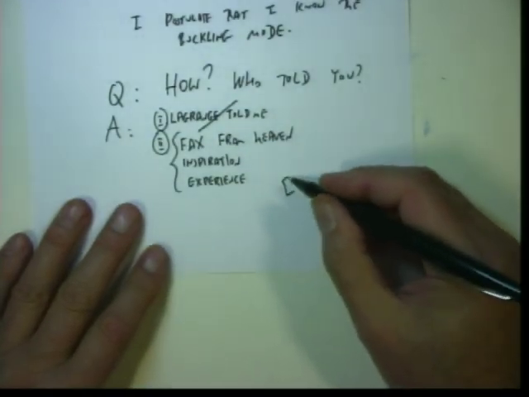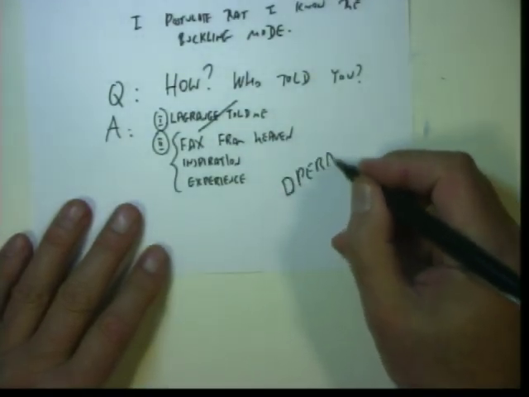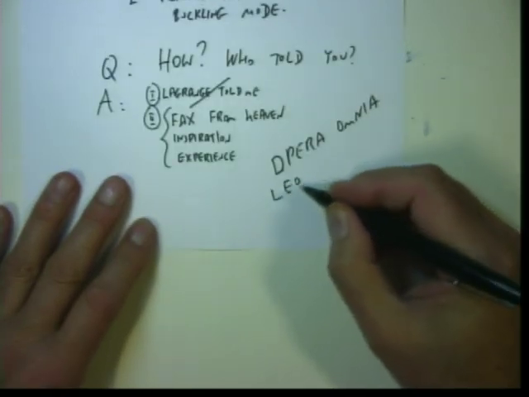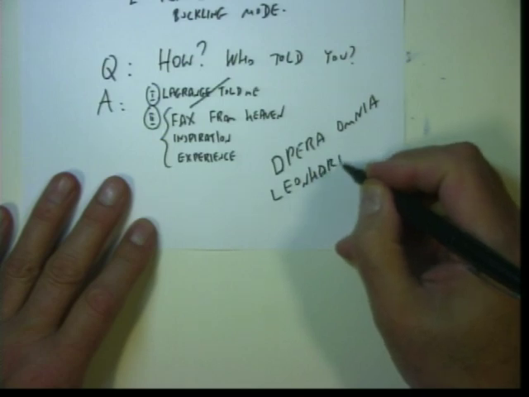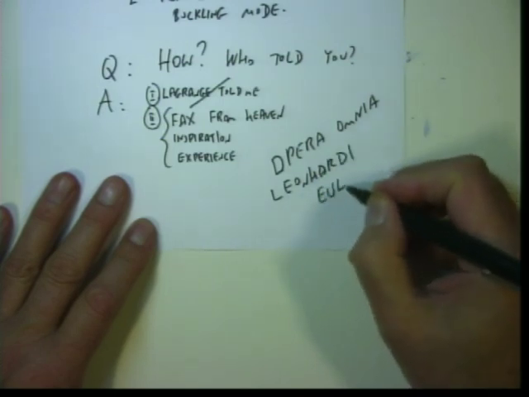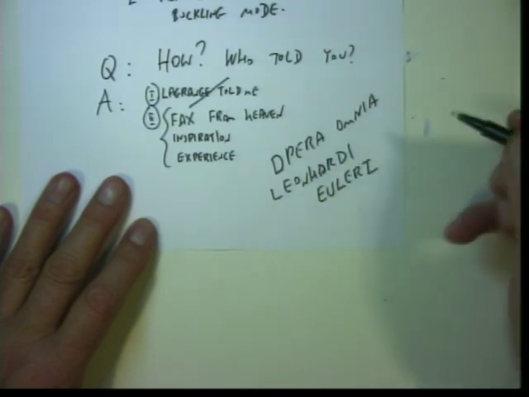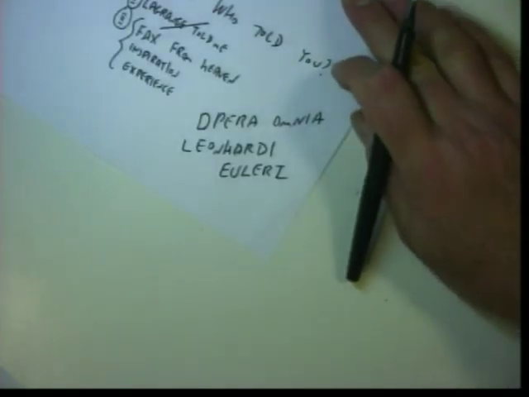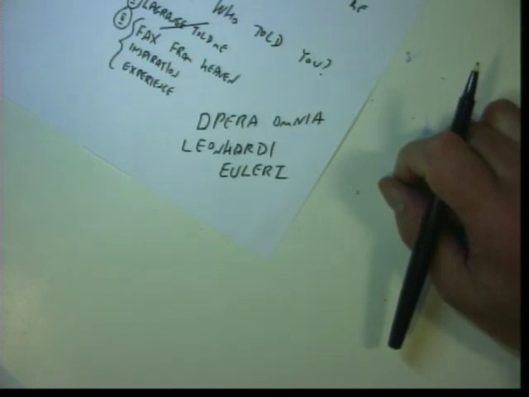It is in Latin, something like Leonhardi Euleri Opera Omnia, the life's works of Leonhard Euler. Several volumes are available in our library. It is a very nice experience to go and browse.